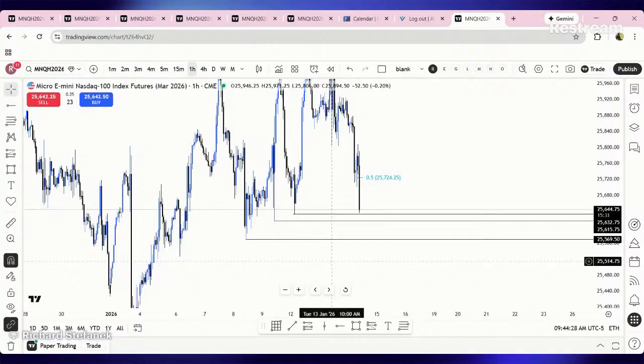Still hasn't hit it yet. There's the first one.